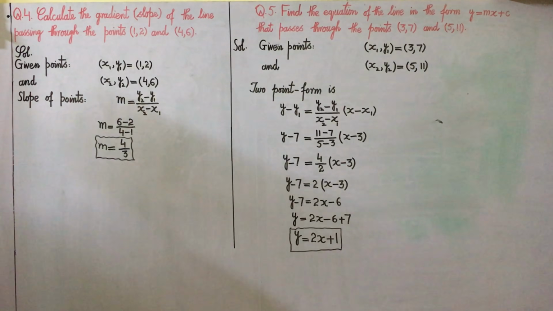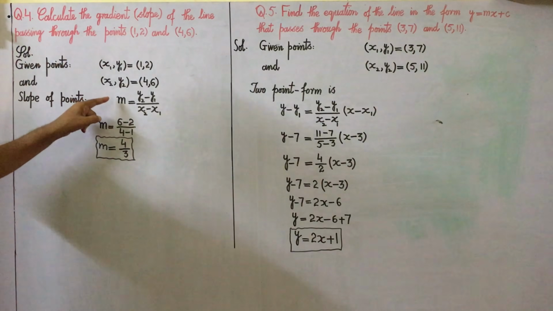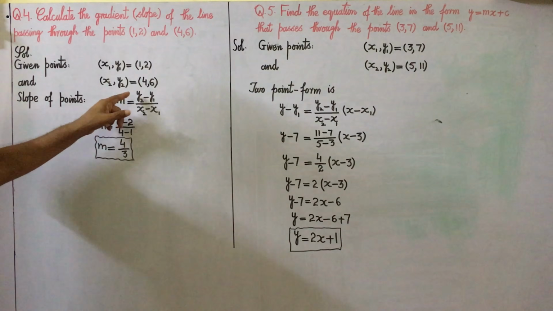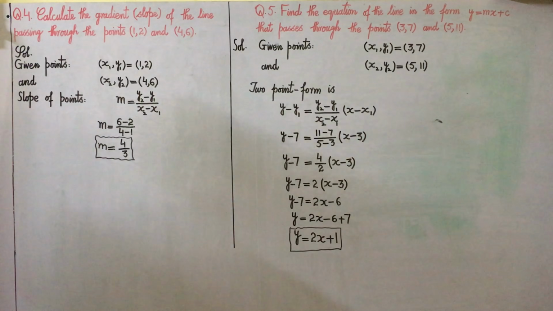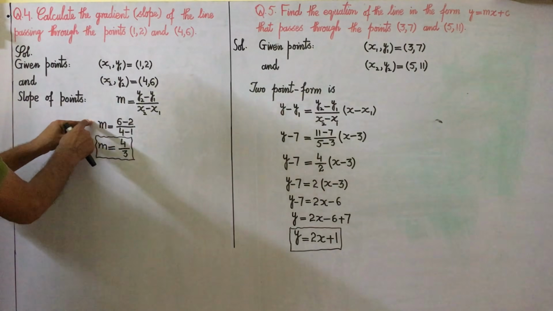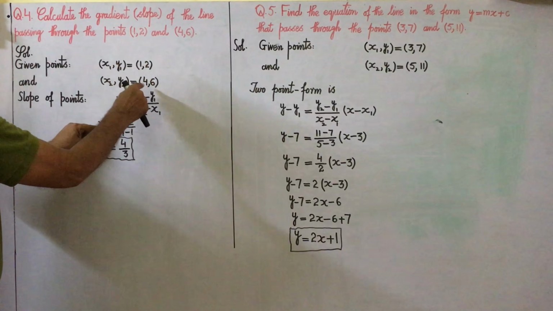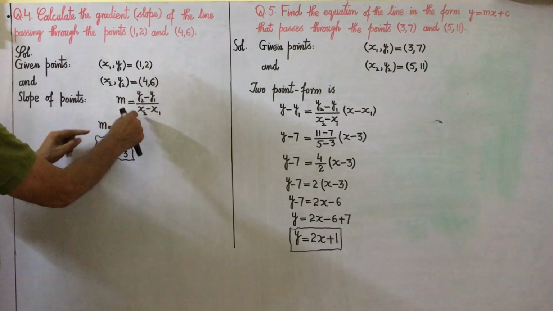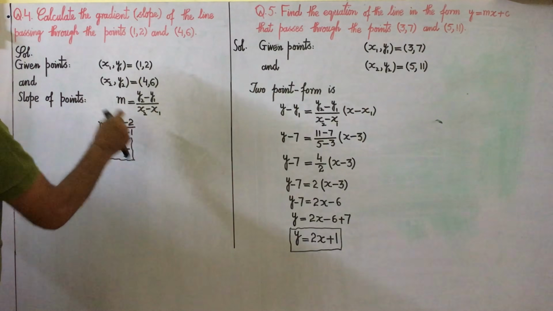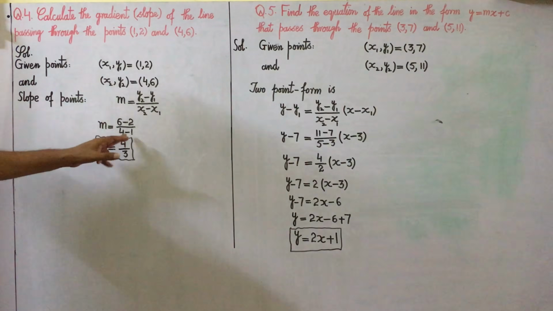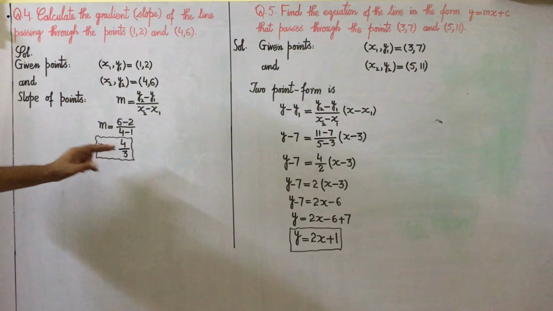Slope or gradient of points is represented by small m, which is equal to (y2 minus y1) over (x2 minus x1). Substituting the values, m is equal to (y2 is 6 minus y1 is 2) over (x2 is 4 minus x1 is 1). 6 minus 2 is 4. 4 minus 1 is 3.